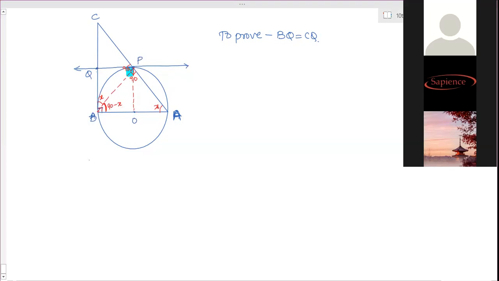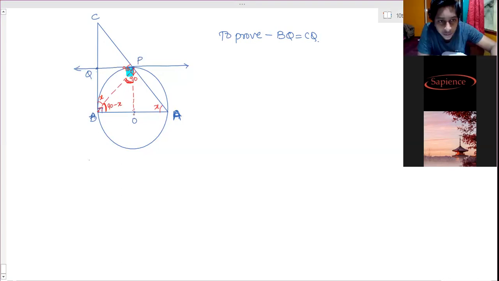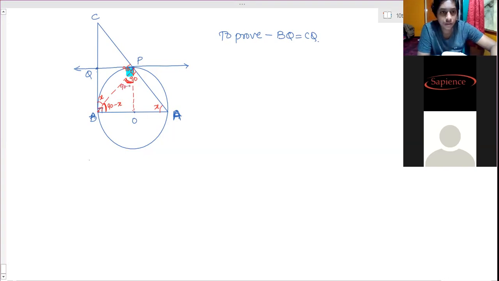Now this is X, now this is 90 minus X. So OBP is 90 minus X. So OPB is equal to X? OPB is 90 minus X. OB is equal to OP.